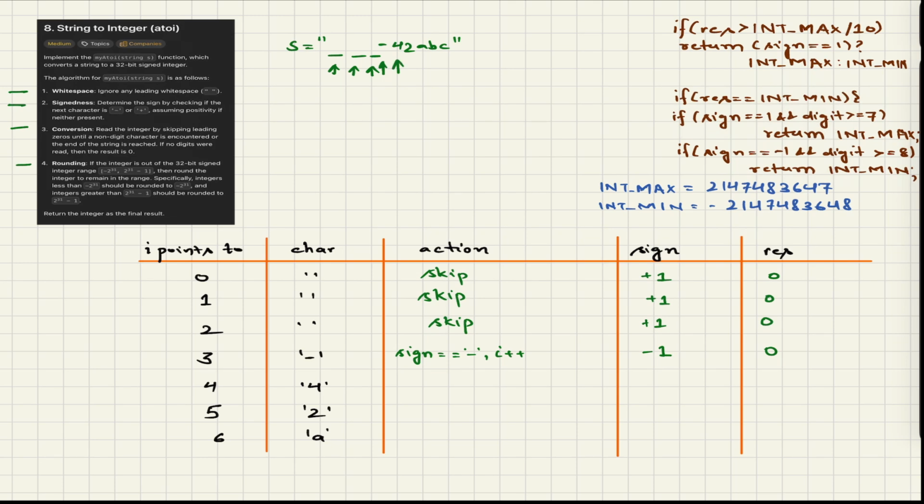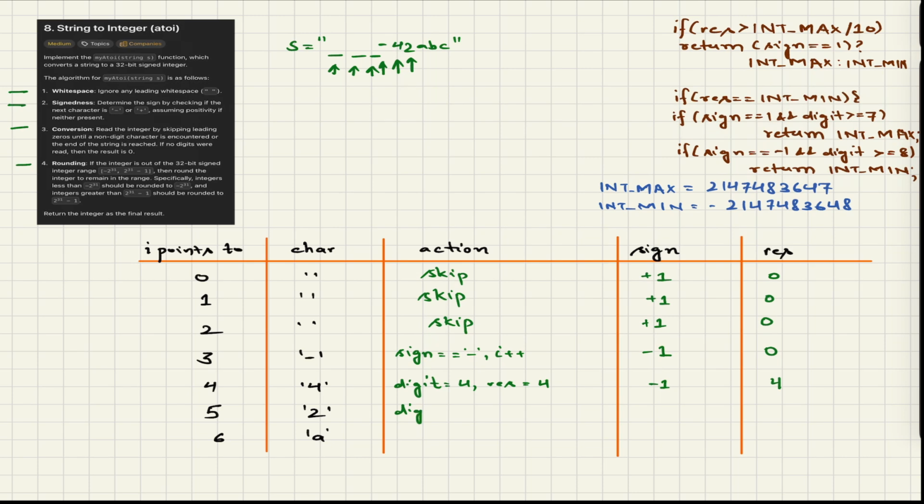My i points to 4, and the character I have in hand is 4. So this is my digit. My digit is 4, my sign is -1, and in the result I will just append this, and it becomes 4. I move to the next character. It is 2.